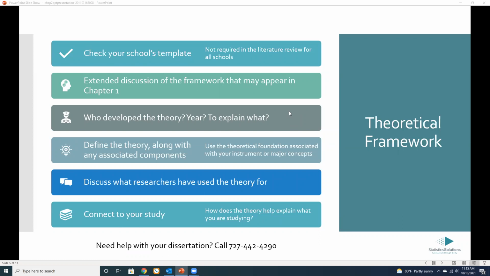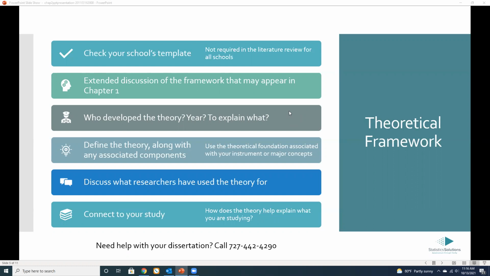And so to flesh out this example a little more, if you're doing a study on emotional intelligence and transformational leadership, that would really be your theoretical framework: the theory of emotional intelligence based on the instrument you're using, the theory of transformational leadership based on the instrument you're using for that, and a discussion of those two theories as they apply to your instruments would constitute your theoretical framework.